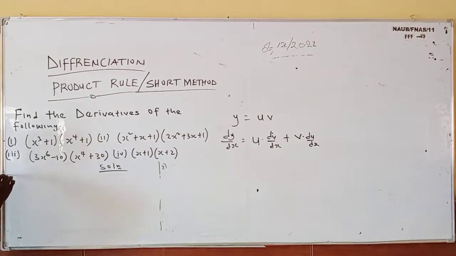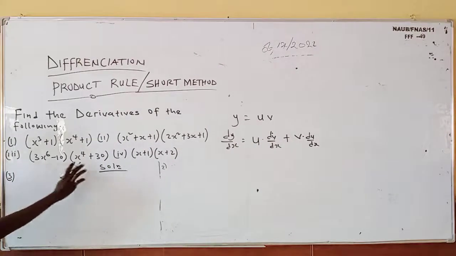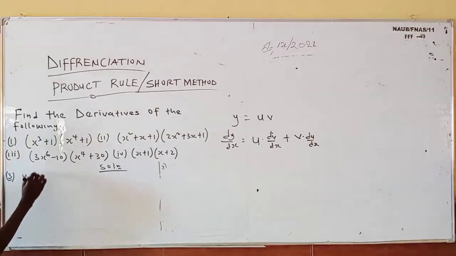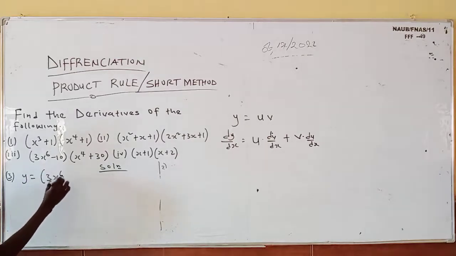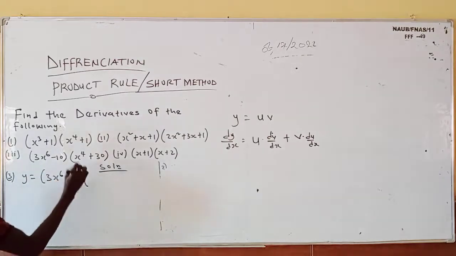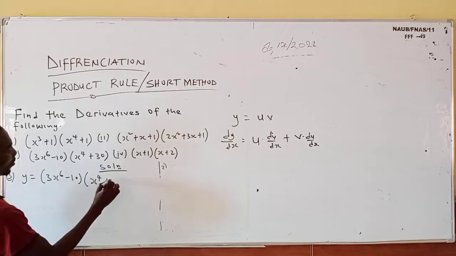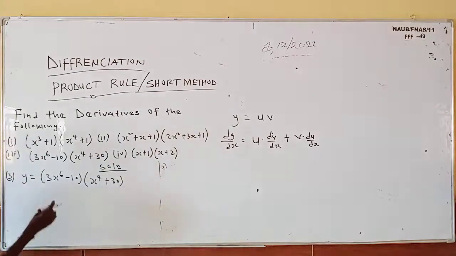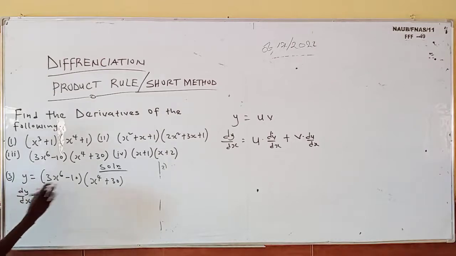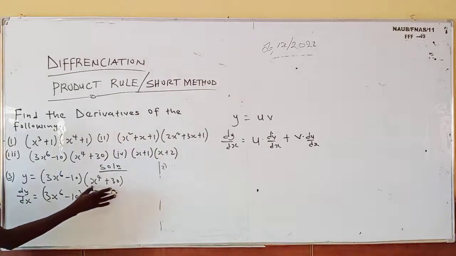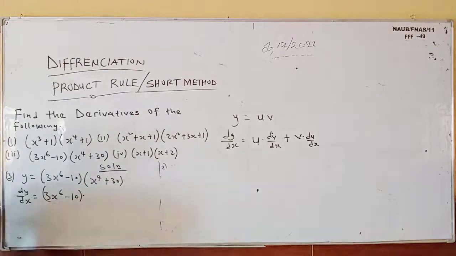So now, question number 3, which is this: y equals to 3s to the power 6 minus 10 into s to the power 4 plus what? 30. So the first thing is you pick this. dy over ds is equals to, pick this first, that is 3s to the power 6 minus 10. Then use it to multiply the differentiation of this. If we differentiate this, what are we going to have?